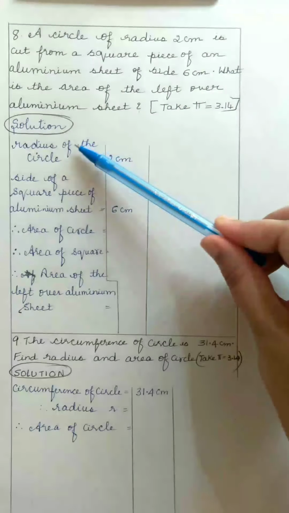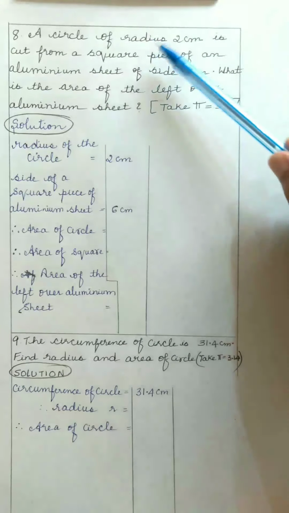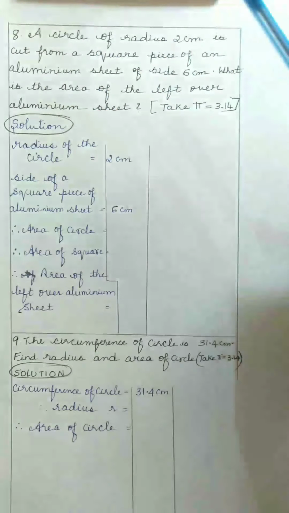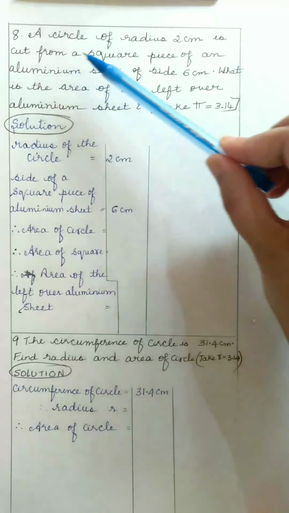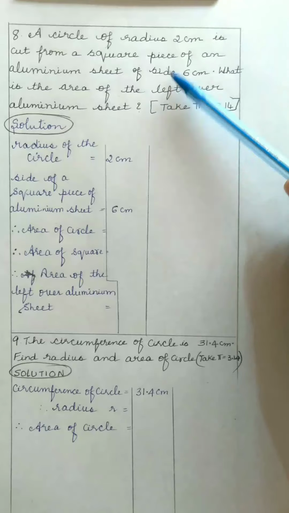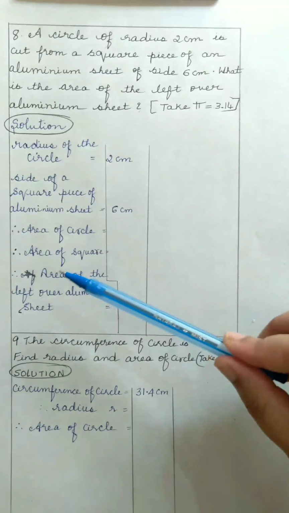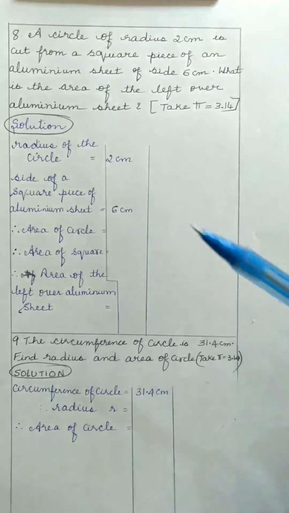Therefore, the radius of the circle is 2 cm, and the aluminium sheet is in the form of a square. Therefore, the side of the square piece of aluminium sheet is equal to 6 cm.